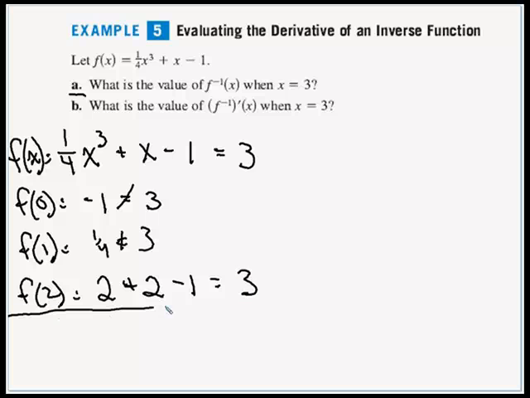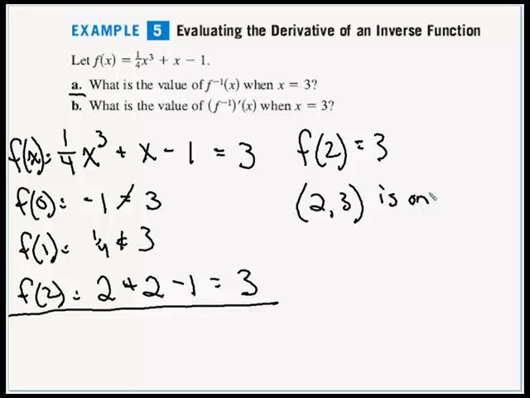So here's the point that we're interested in. On the original function, f of 2 is equal to 3. Or we could say the point 2 comma 3 is on the function f. So they're asking us here, what is the inverse function when our input is 3?